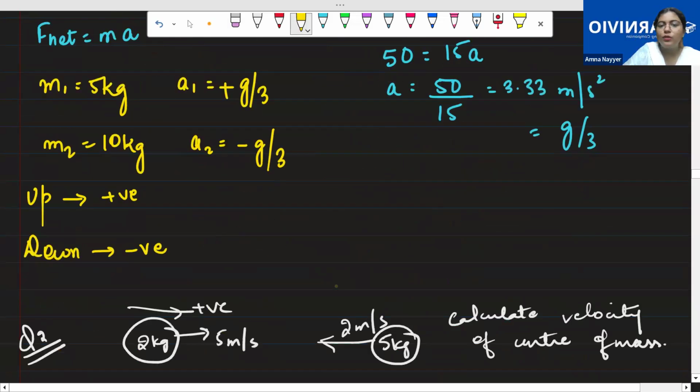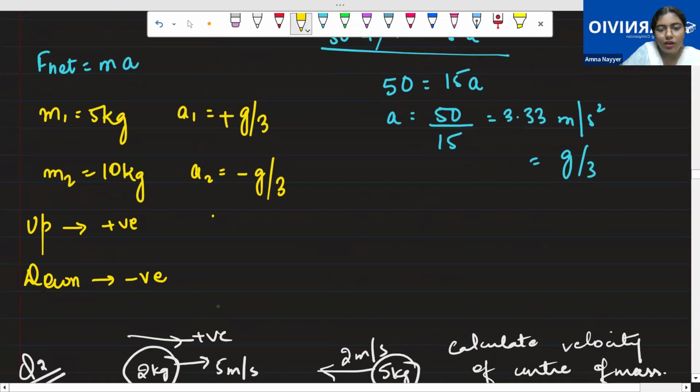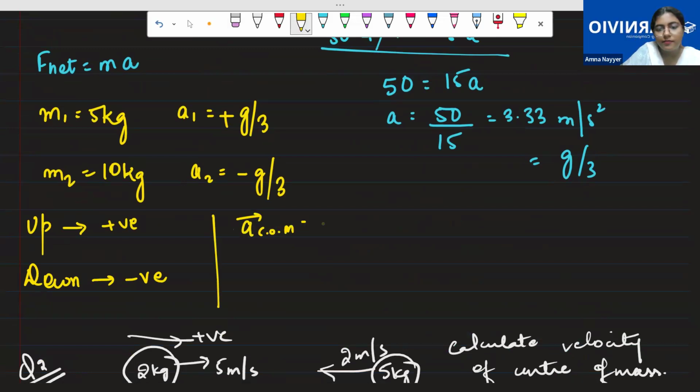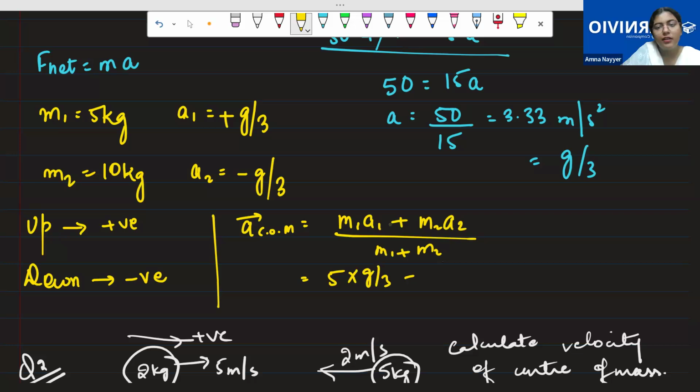Now you can put in what we have studied for the acceleration of the center of mass: m1 a1 plus m2 a2 by m1 plus m2. m1 is 5 into g by 3, this will be minus when multiplied, so 10 into g by 3, divided by 5 plus 10.